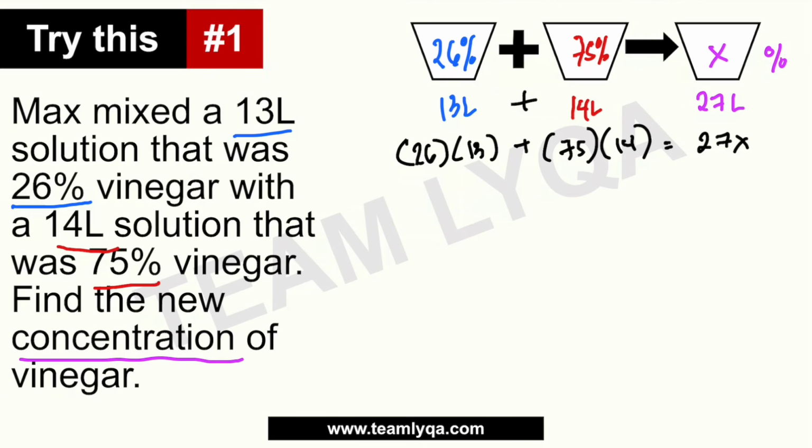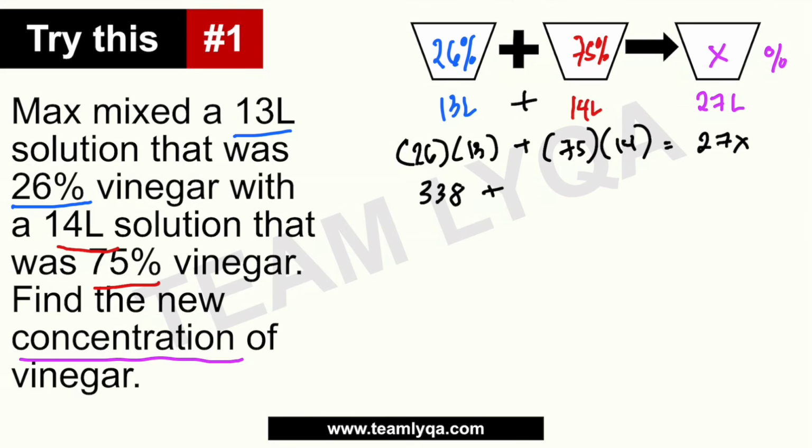Now, we have 26 times 13. So, again, you can do 260 plus tatlong 26 pa. That would give you 338 plus yung 75 times 14. Now, a good trick sa 75 would be to think na ang dalawang 75 kasi is equal siya sa 150.